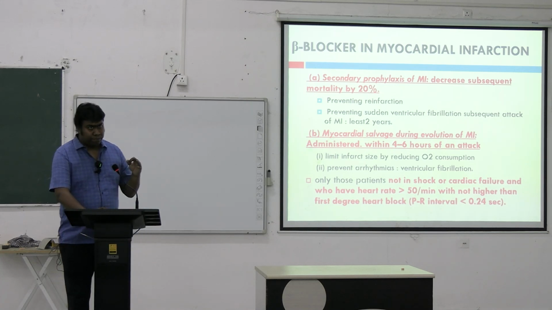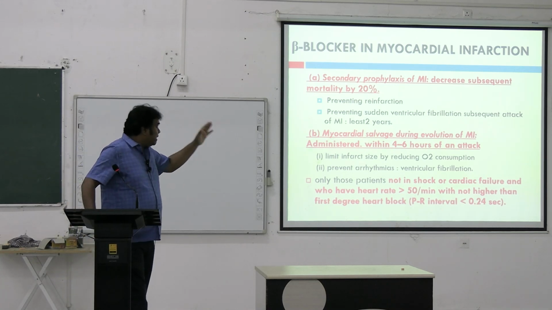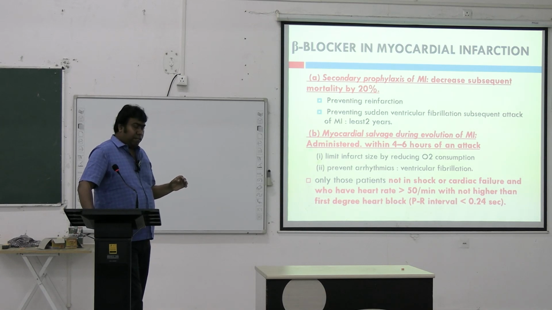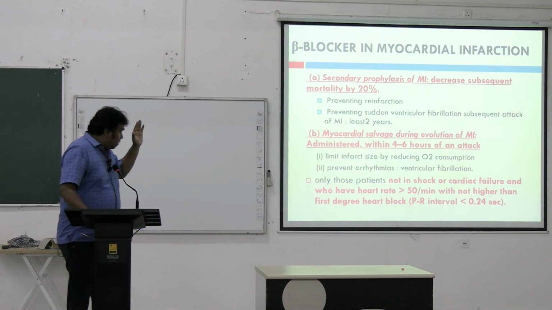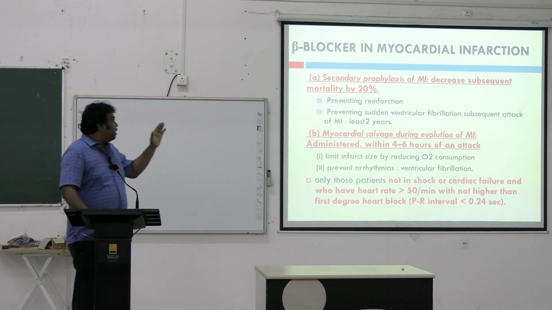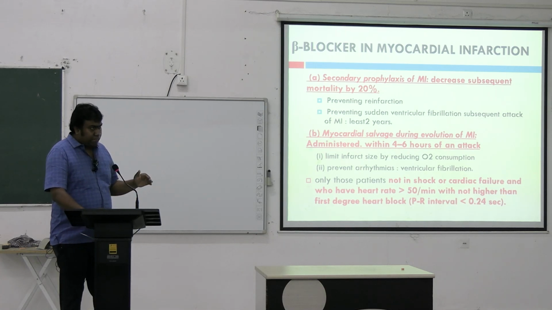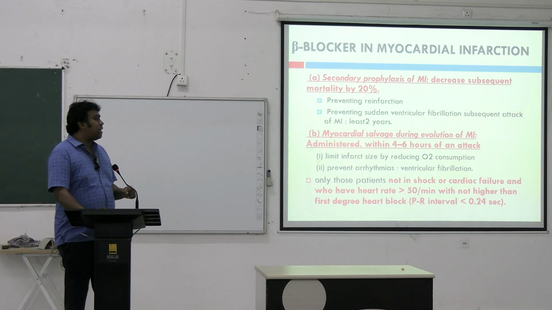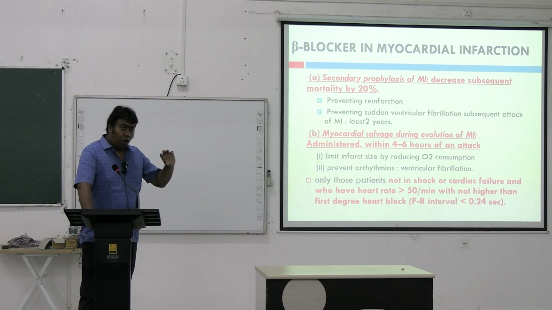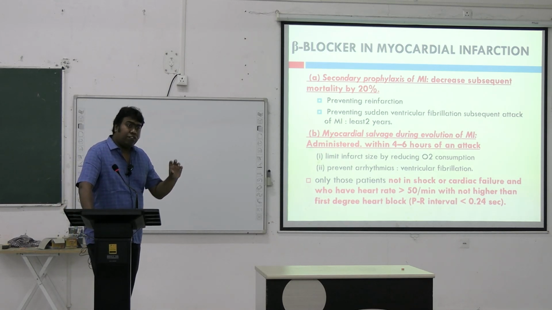তাহলে 3 points. Number one, decrease subsequent infarction, secondary prevention. Two, myocardial salvage by reducing oxygen consumption and ventricular fibrillation, and long term এর জন্য they also reduce the myocardial remodeling.